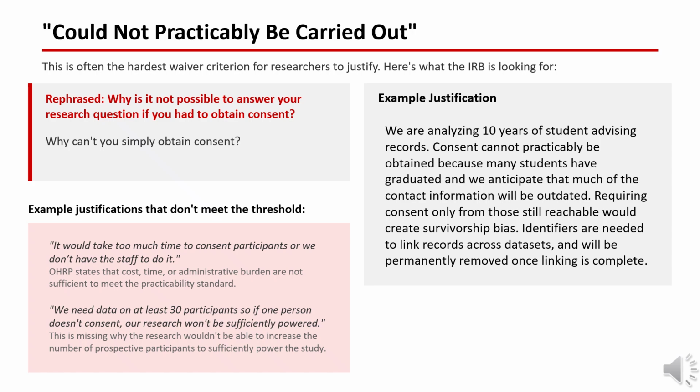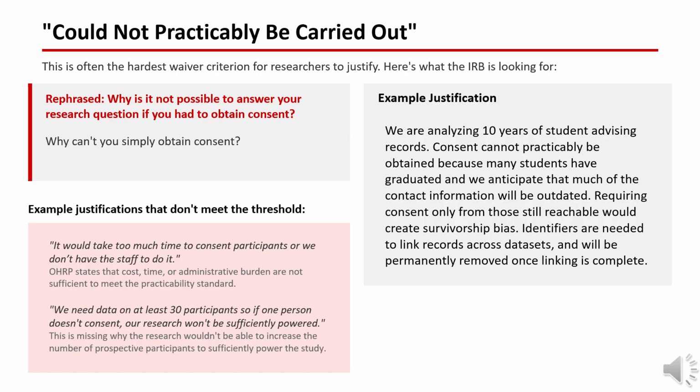Here's a way to rephrase it. Why is it not possible to answer your research question if you had to obtain consent? Why can't you get consent? Here's an example of a strong justification. We are analyzing 10 years of student advising records. Consent cannot practically be obtained because many of the students have graduated and we anticipate that much of the contact information will be outdated.